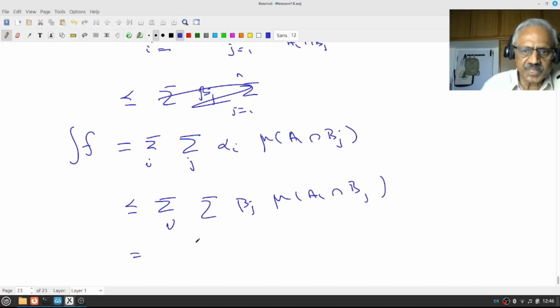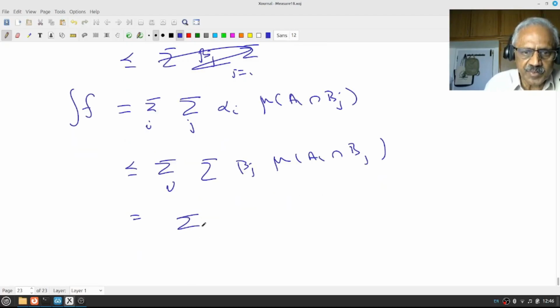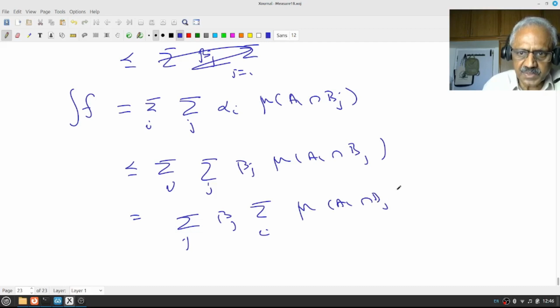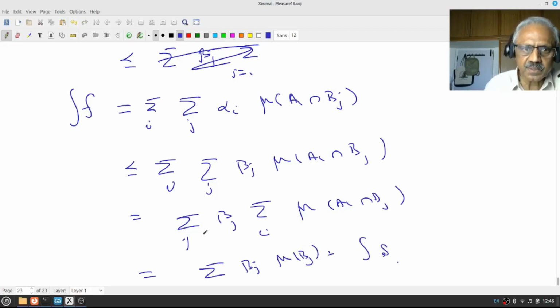Right? Now interchange the summation: that is going to be beta_j, summation over j first, times summation over i of mu of A_i intersection B_j. But this is equal to summation beta_j times mu of B_j, which is the integral of g. Therefore, integral of f is less than or equal to integral of g.